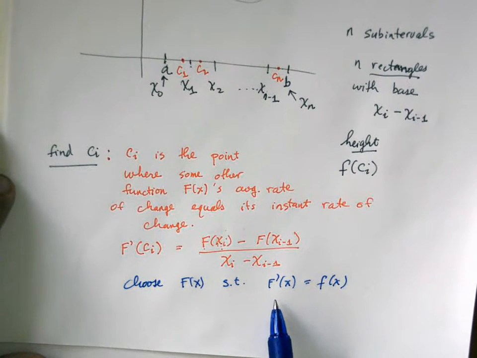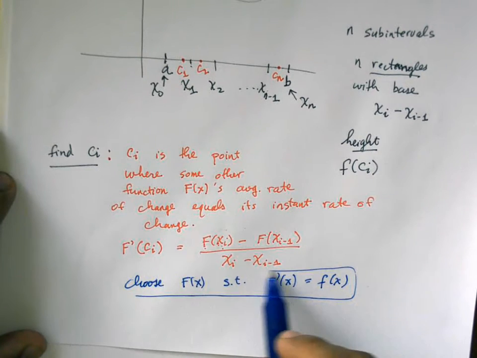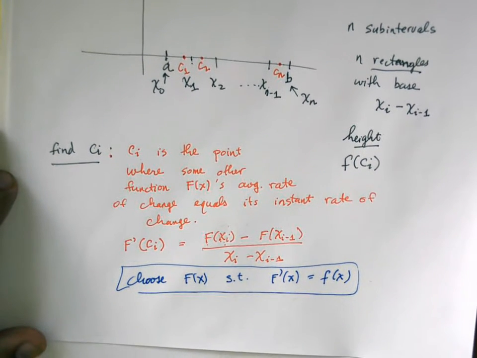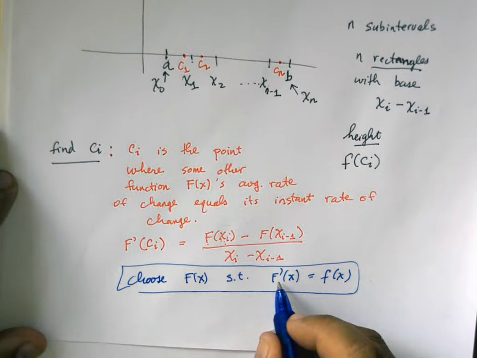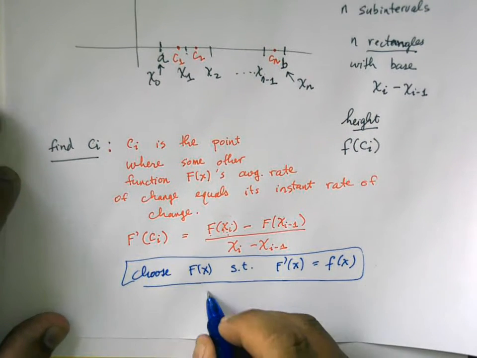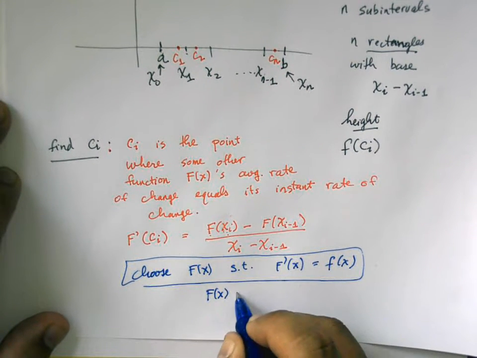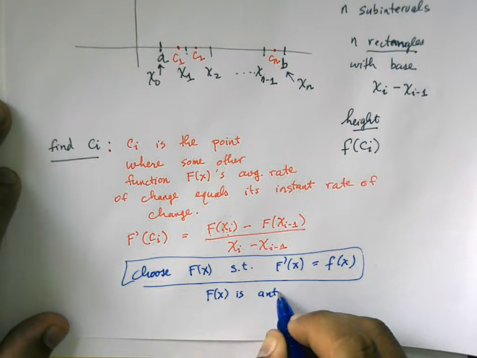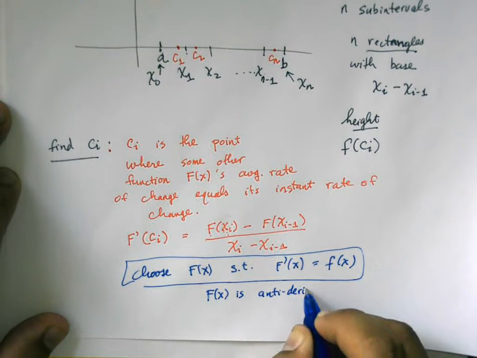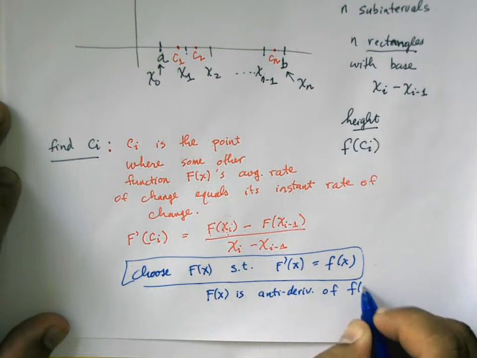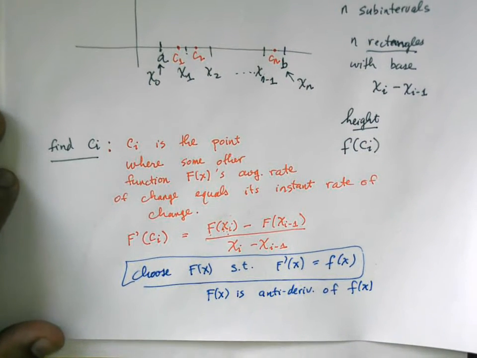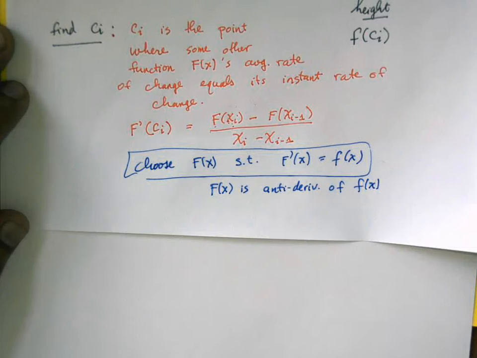Big F is any other function we want, but we choose it so that the derivative of big F is equal to little f. In other words, big F is the antiderivative of little f.